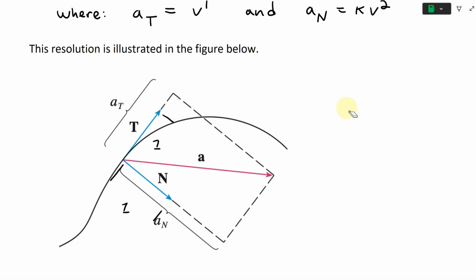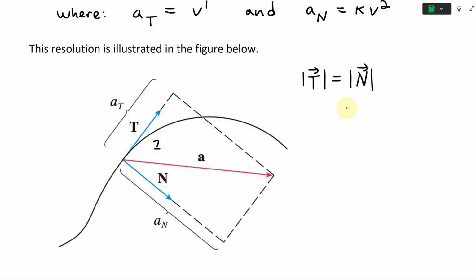Instead of ruining the drawing, I'll write here the magnitude of T, because it's a unit tangent vector, and that one's the unit normal because we're dividing the vector by its magnitude. This right here, the magnitude, equals the length.